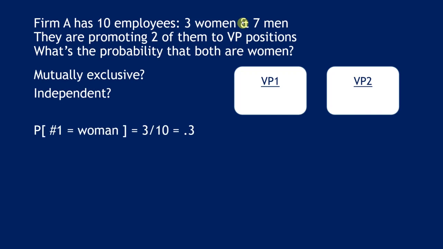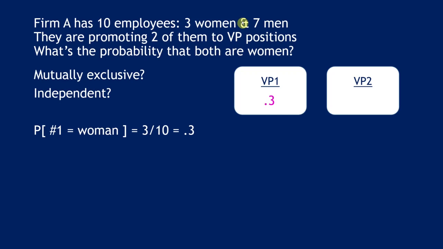So the probability of the first VP being a woman would be 3 out of 10, because they have 10 employees and 3 of them are women. So 3 out of 10, or 30% chance that the first one will be a woman. Okay, so we put the 0.3 in the VP1 position.